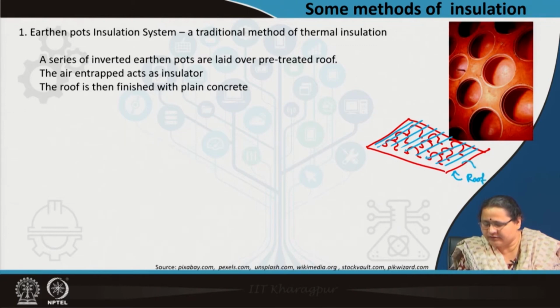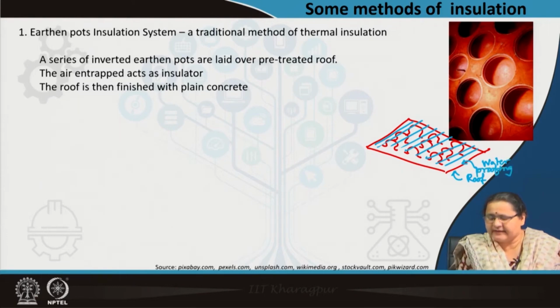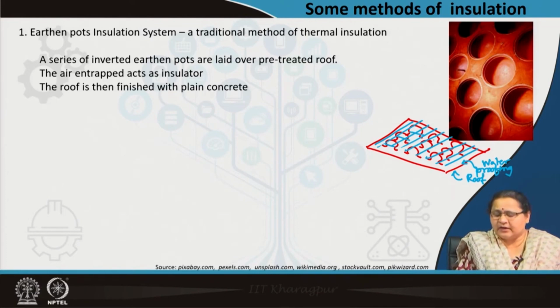You have to have the waterproofing, and then you place these earthen pots and cover them with a light concrete mix. The air trapped inside these pots acts as an insulator. This has been practiced for many years.